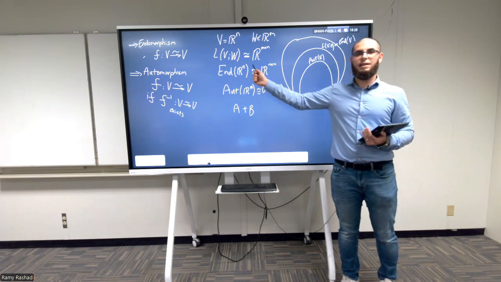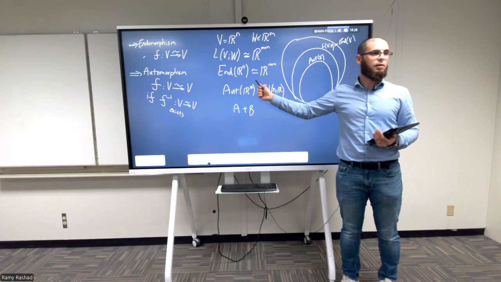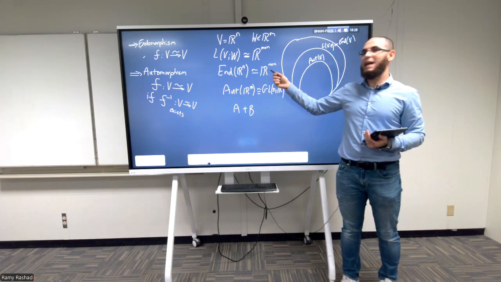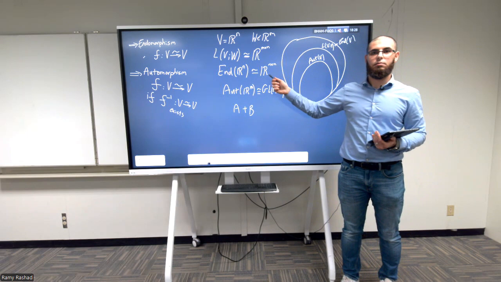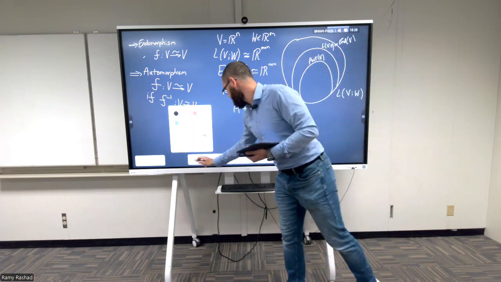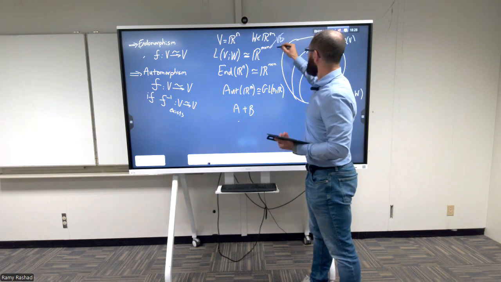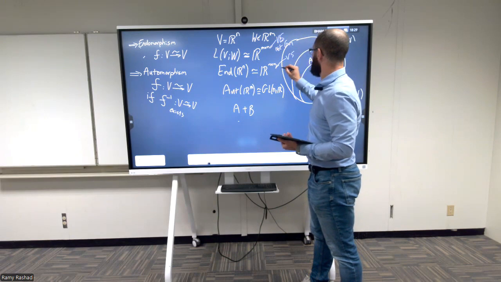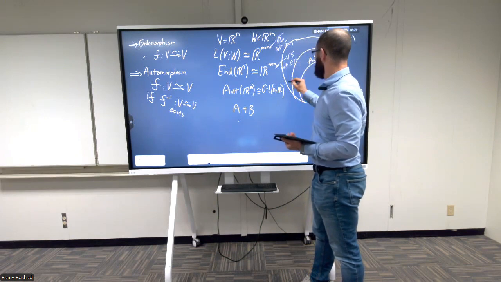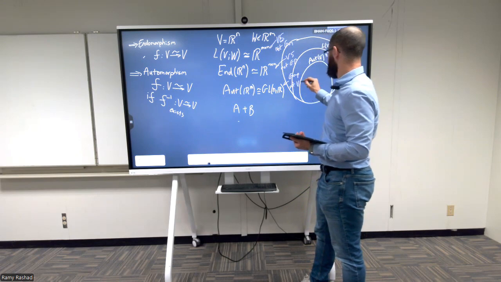I can give you an n by n matrix that doesn't have an inverse. So does this have a group structure? No. So conclusion: vector space, not group. Group, not vector space.